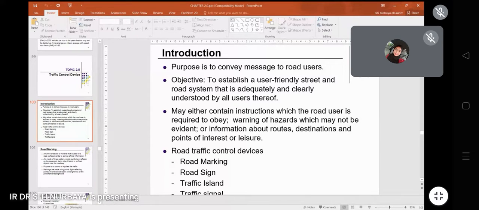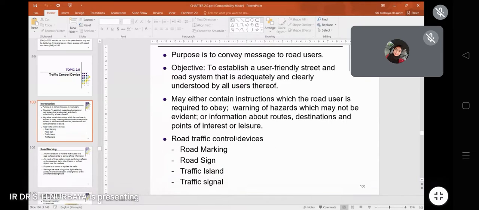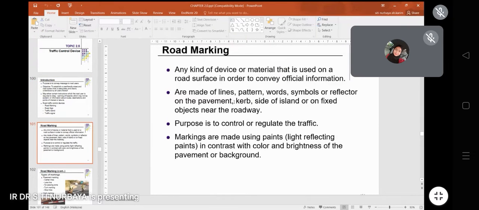The road traffic control devices can be either road marking, road signages, traffic island, and of course traffic signal, or the traffic light system. So let's see the first one, the road marking.